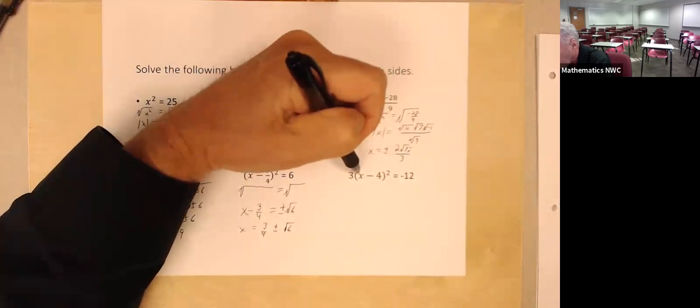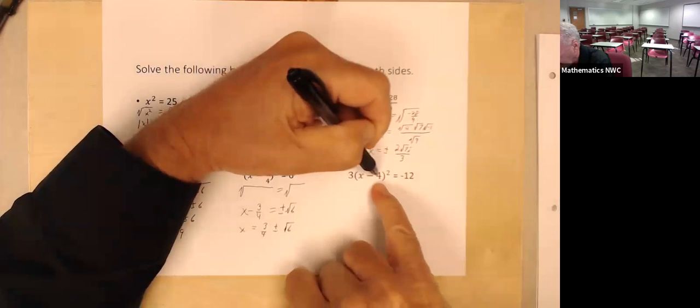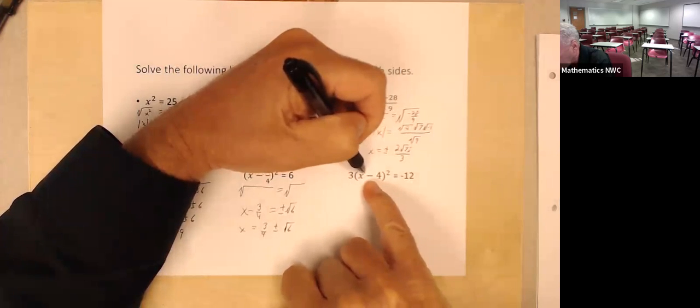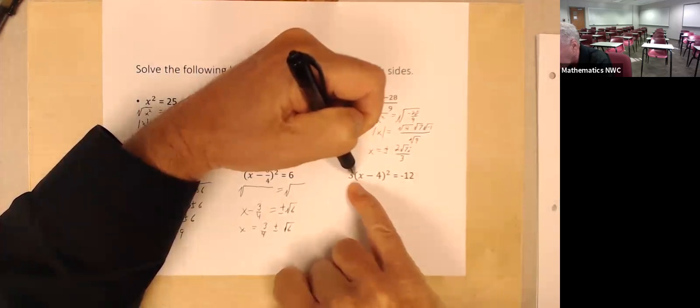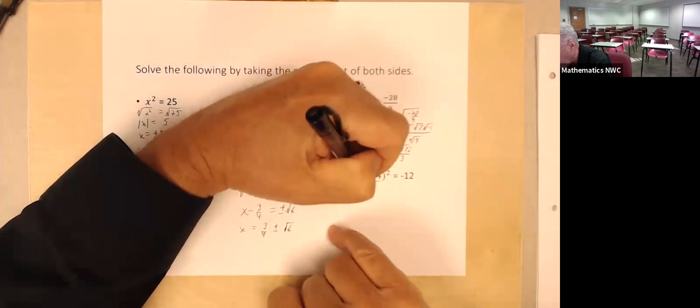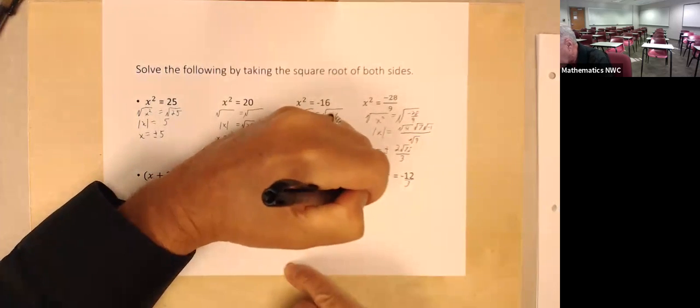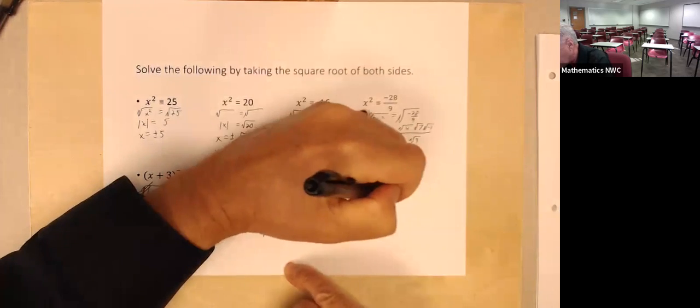This one, if I want, I could divide both sides by the 3, not the 4. The 4 is being added or subtracted, but 3 is being multiplied. Because 3 is being multiplied, I could divide everything by 3. These 3's would cancel, and I would get x minus 4 squared.